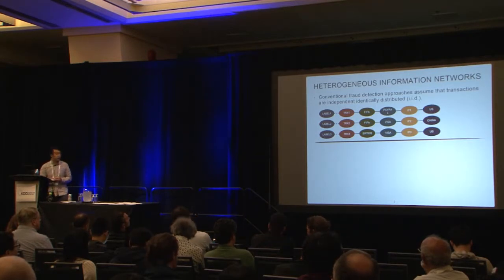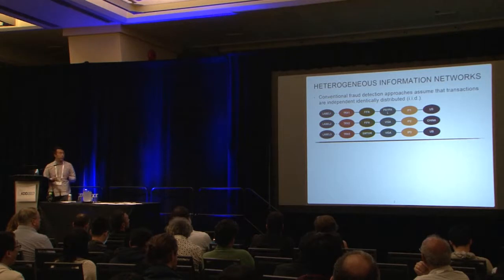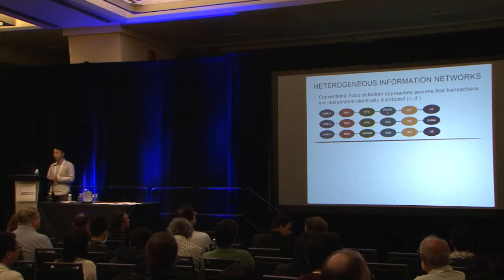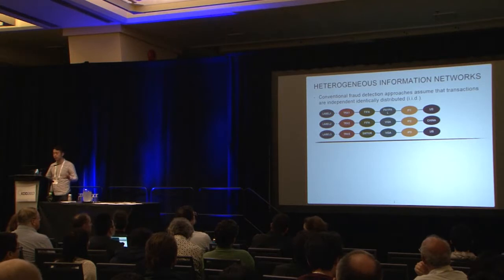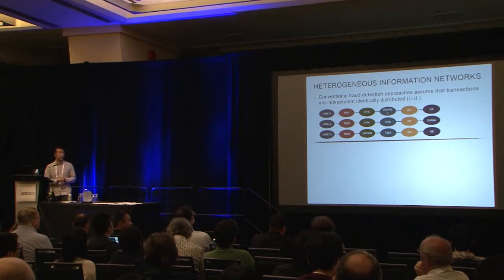In our case, in particular at Electronic Arts, we have game product types, FIFA, Star Wars, as well as payment types, PayPal, Visa and MasterCard, all these different attributes. So we can just concatenate all this information together and feed it into a classification algorithm to get a model to automatically identify these frauds.